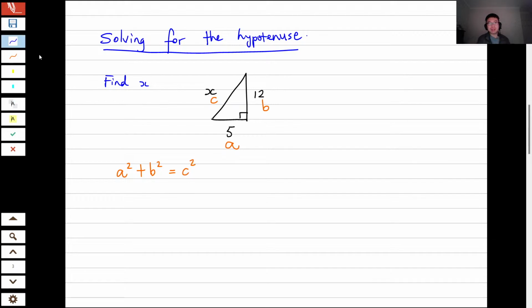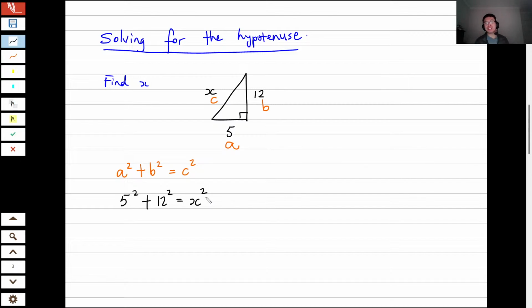So that means if I replace a with 5, b with 12, and c with x, I can write 5 squared plus 12 squared equals x squared.